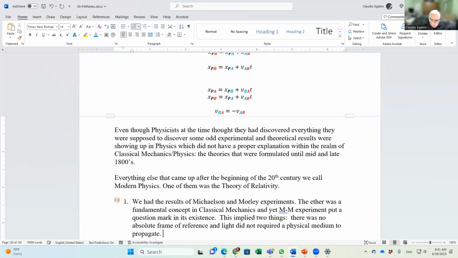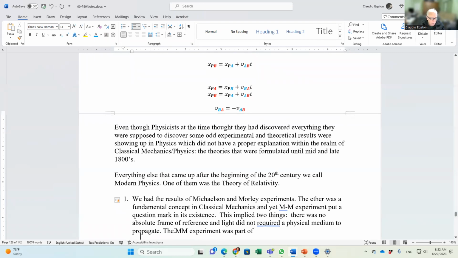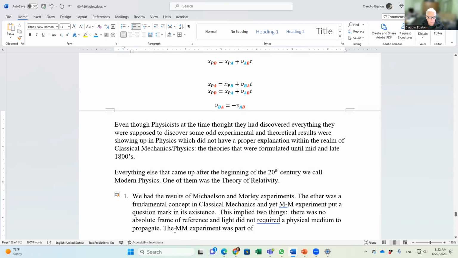The Michelson-Morley experiment was part of what we call the shift in the thinking of the time. Physicists had to start thinking in a different way in order to understand what was going on.